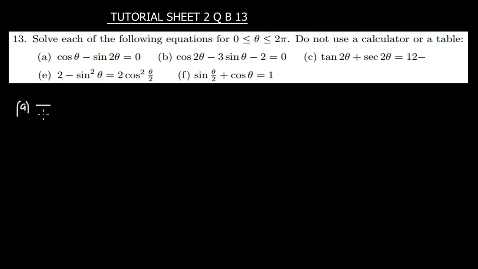The first question here is cos theta minus sine 2 theta is equal to 0.